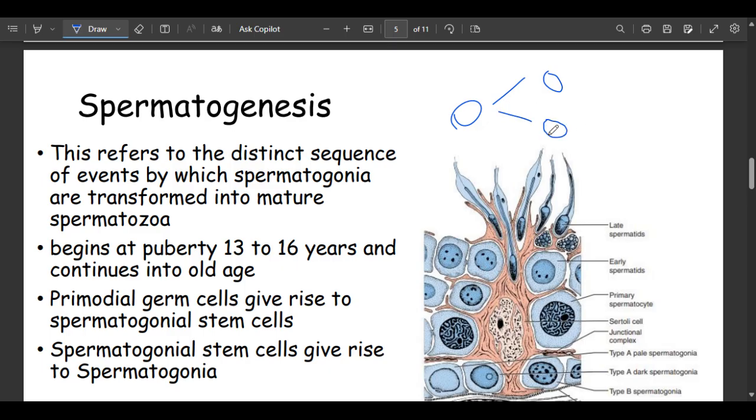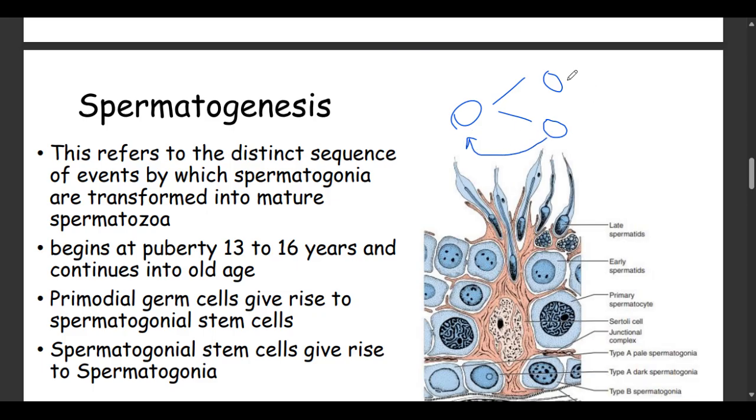One of them remains as a PGC, and one commits to become a sex cell. Once it commits, it is called a spermatogonial stem cell, or spermatogonia.